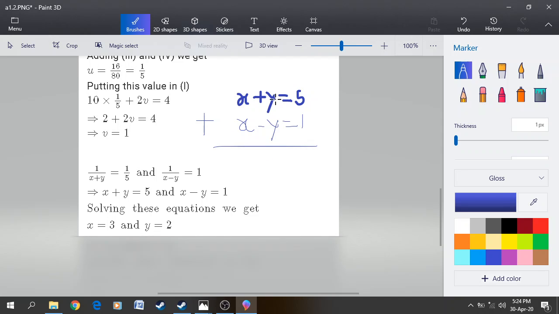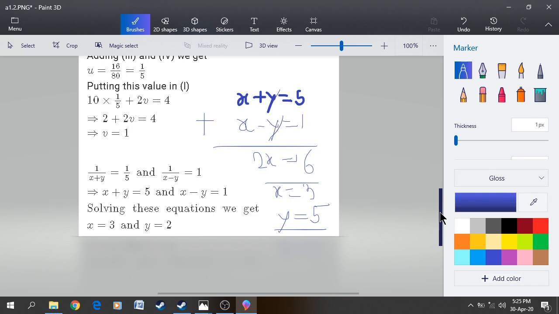Why are we adding? Because y has different signs. When we add, they will cancel, and x plus x is 2x, and 5 plus 1 is 6. x is equal to 3. And when we put x is equal to 3 here, what is y? 3 plus 2 is equal to 5. So these are the answers: x is equal to 3 and y is equal to 5.